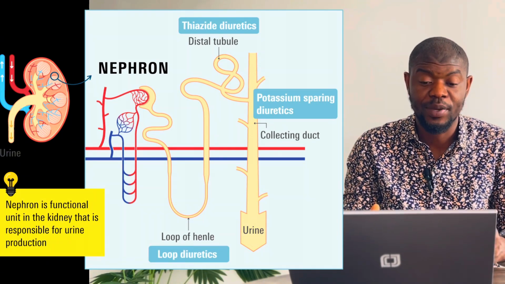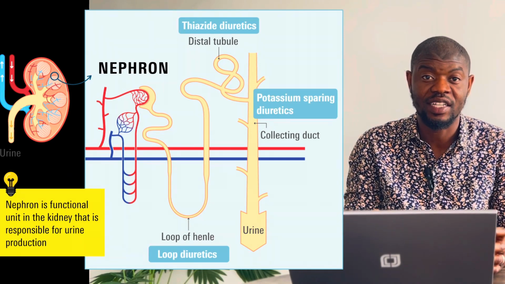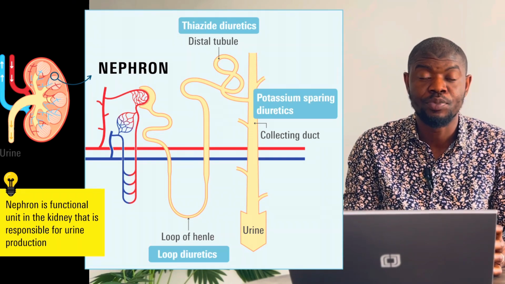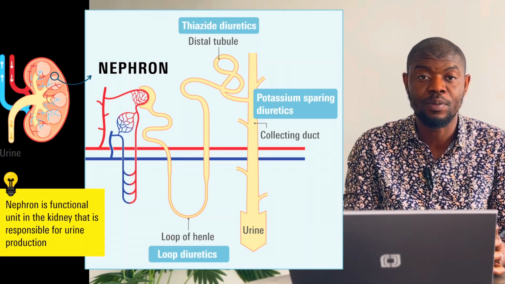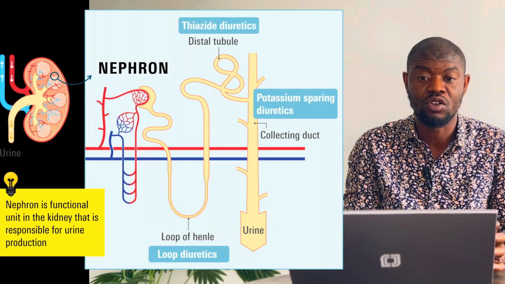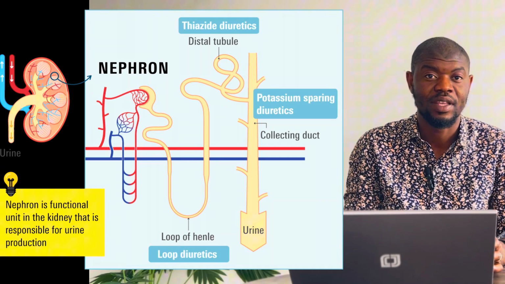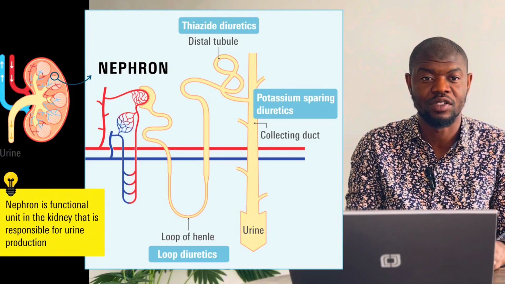So on the picture on your screen, you realize that we've got our afferent and efferent arterioles forming the glomerulus, and the glomerulus sits in your Bowman's capsule. Now, coming down from the Bowman's capsule, you've got your loop of Henle, then your distal tubules, and your collecting ducts, where urine is then drained into the ureters and then down into the bladder.